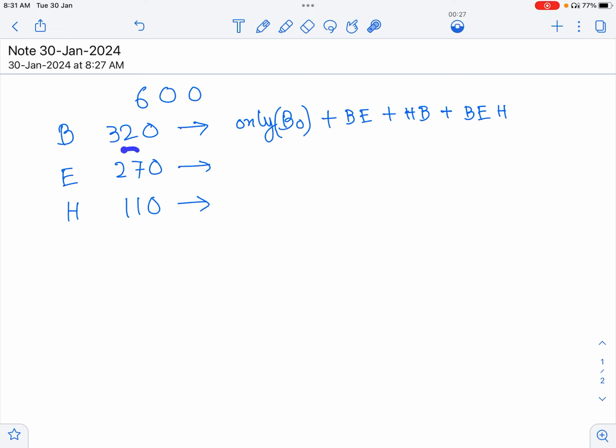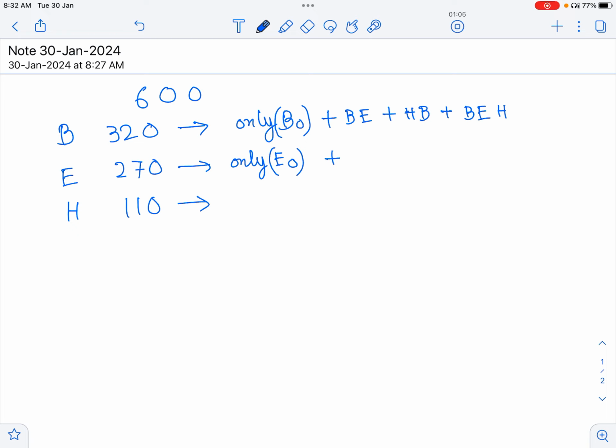What is included in this 270? In this counting figure of 270 there are also those students who learn English only, and only English we can indicate by E0, the number of those students who learn only English.